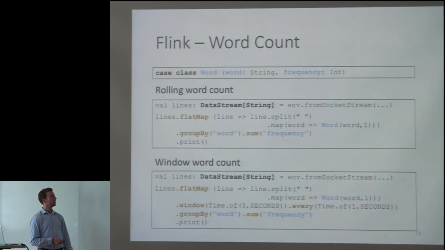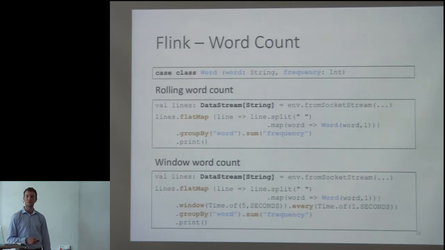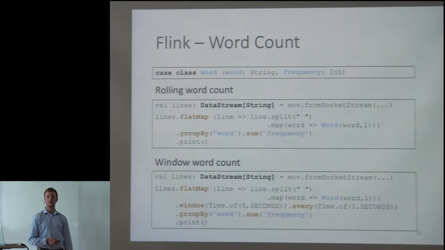One thing I would like to add here is the window word count. I omitted this for Storm because this needs to be custom implemented, as Paris already highlighted, which will definitely not fit on the presentation slide. But Flink, similarly to Cloud Dataflow, has a very flexible API for defining windows on the streams.